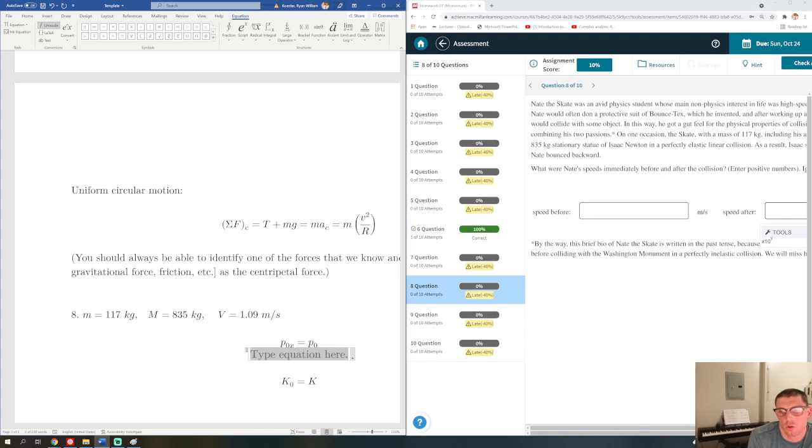For the initial momentum, before the collision, we just have Nate's momentum, because the statue is stationary. So we can just write m u naught plus 0, to indicate that we realize the statue is stationary.